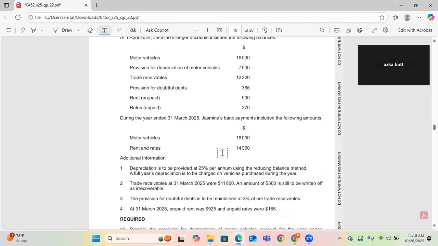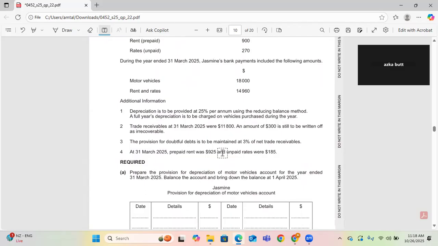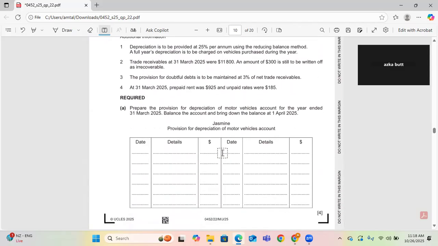And during the year end 31st March 25, Jasmine's bank payments include the following amounts. We have purchased one motor vehicle, then we have paid the amount for rent and rates, and then there is some additional information. What we need to do here is prepare the provision for depreciation account.